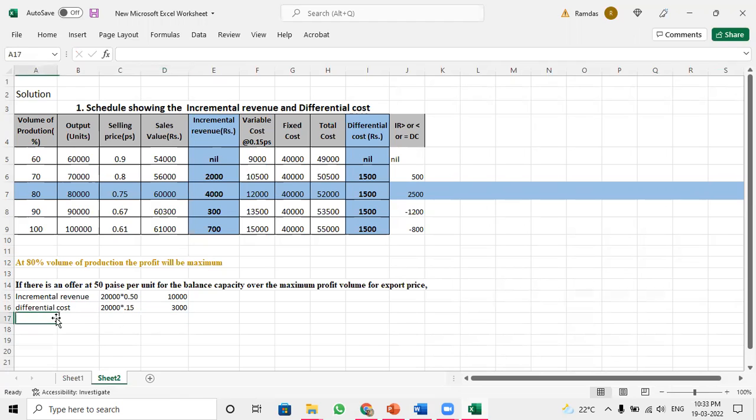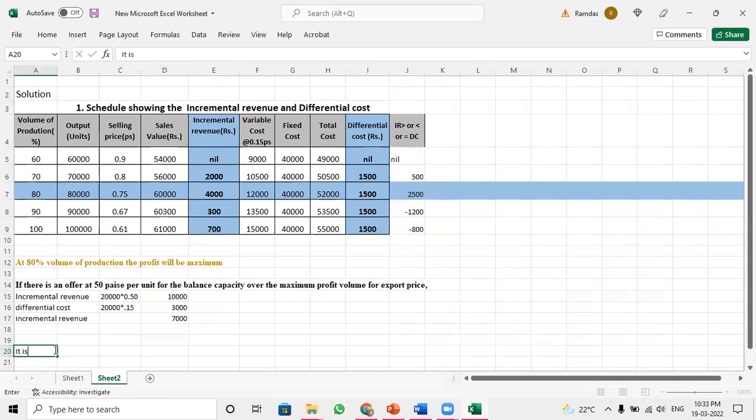So instead of producing and selling internally, another 20,000 you can manufacture and sell it or export it, wherein you will be getting an additional profit of 7,000.